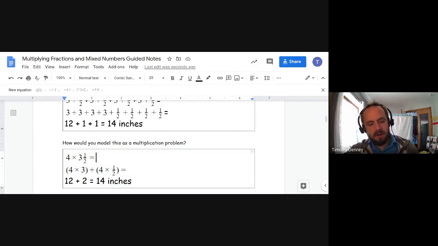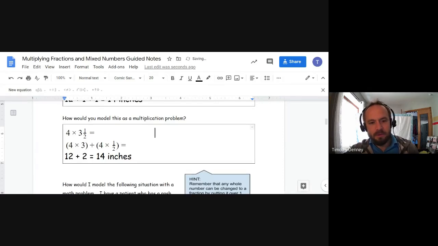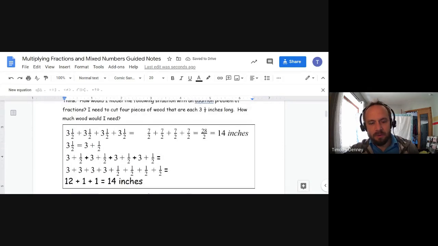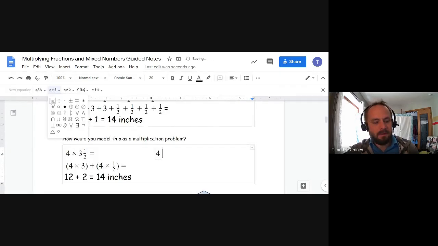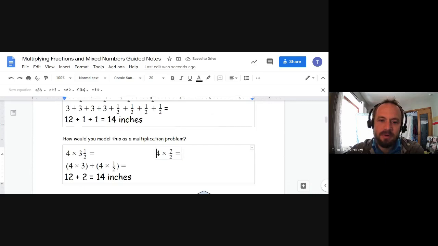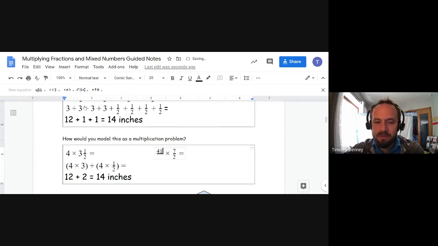Now, again, if you're not comfortable with that, and you really want to stick with this method here, all right, that's okay. I can write that as 4 times 7 halves. Okay. Now you just have to remember another property. Anytime you put a whole number over 1, it's not changing the value.